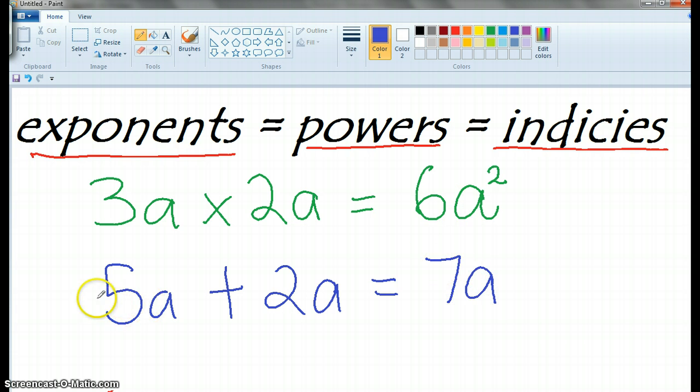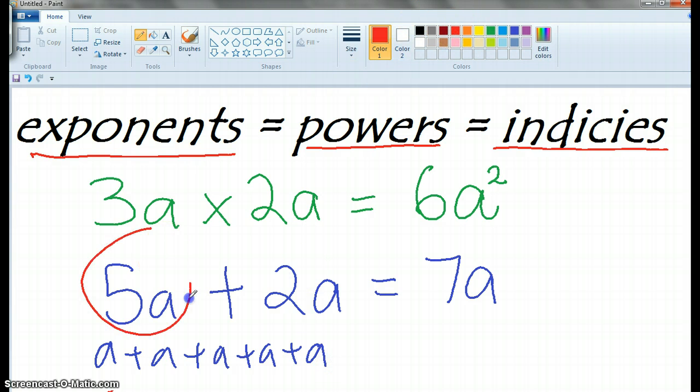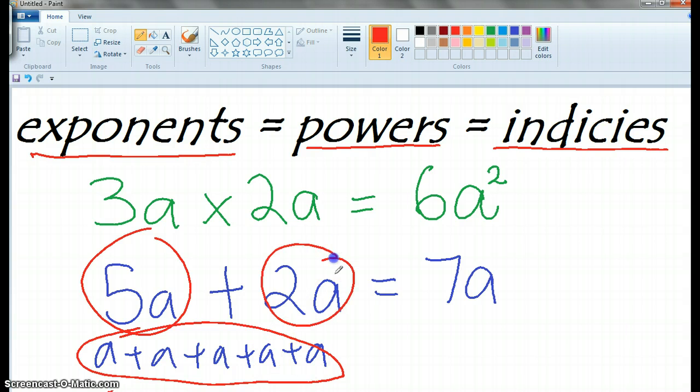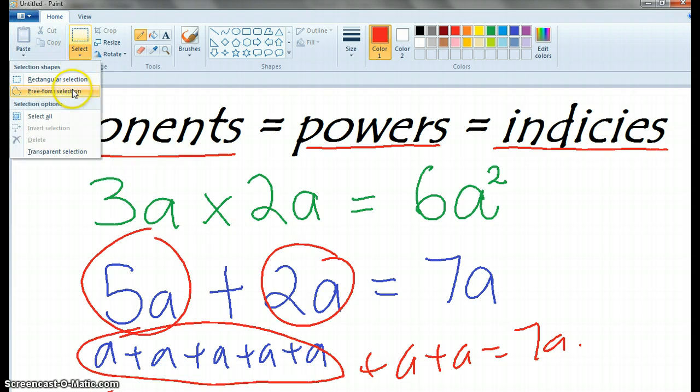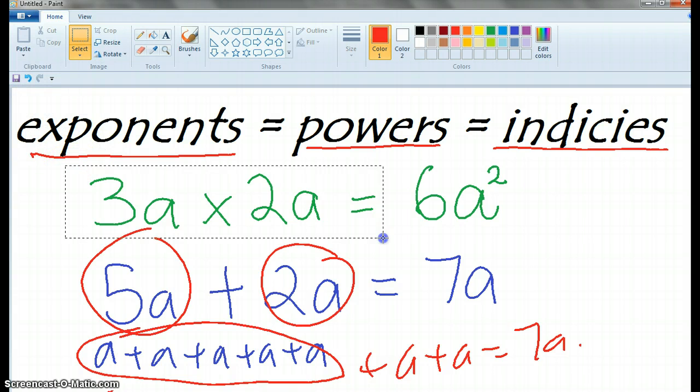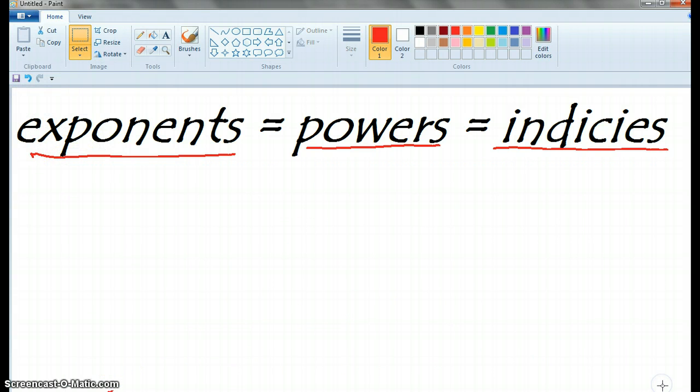Okay, so if we've got 5a plus 2a, we've got a plus a plus a plus a plus a for the 5a. 1, 2, 3, 4, 5 plus 2a is 7a. Okay? Copy that? Good.